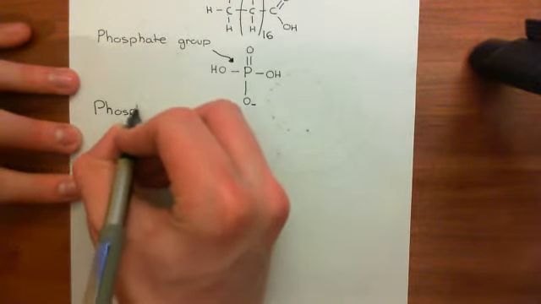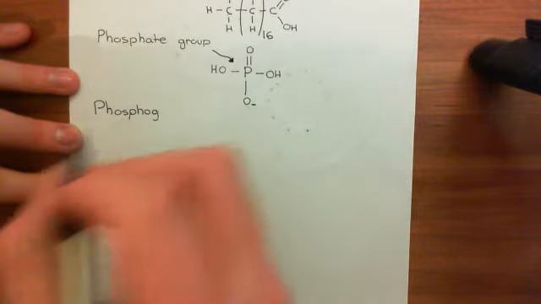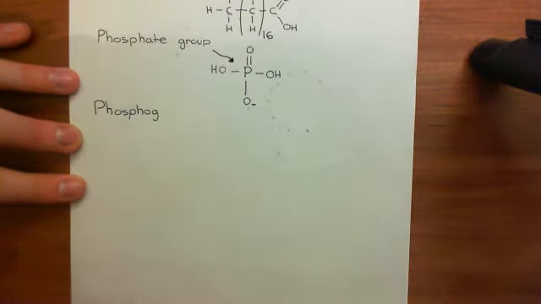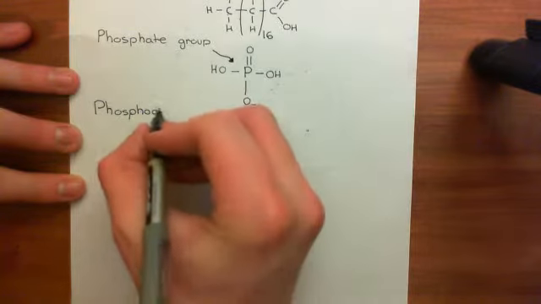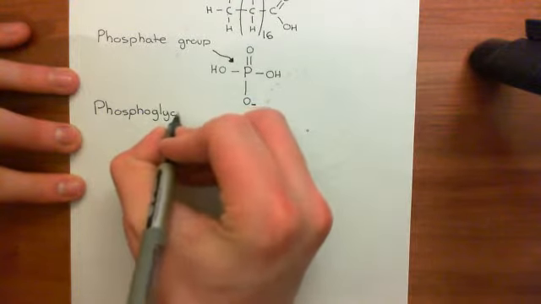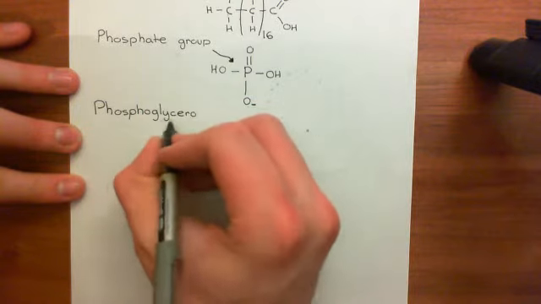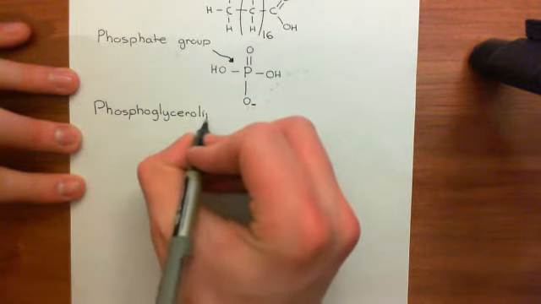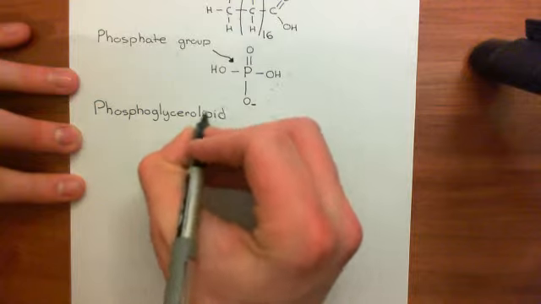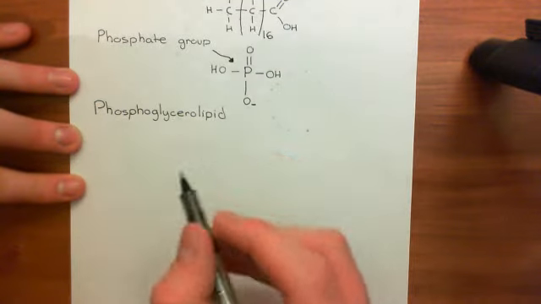When you think of a phospholipid, the thing you're probably thinking of is a phosphoglycerolipid. You might have a picture in your head of what a phospholipid looks like, and you're probably thinking of a phosphoglycerolipid. But there are other structures that obey these 2 criteria.